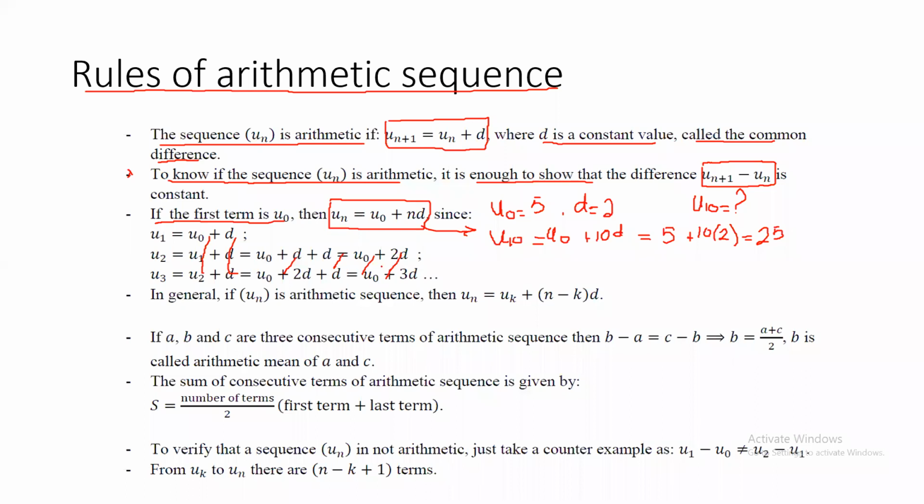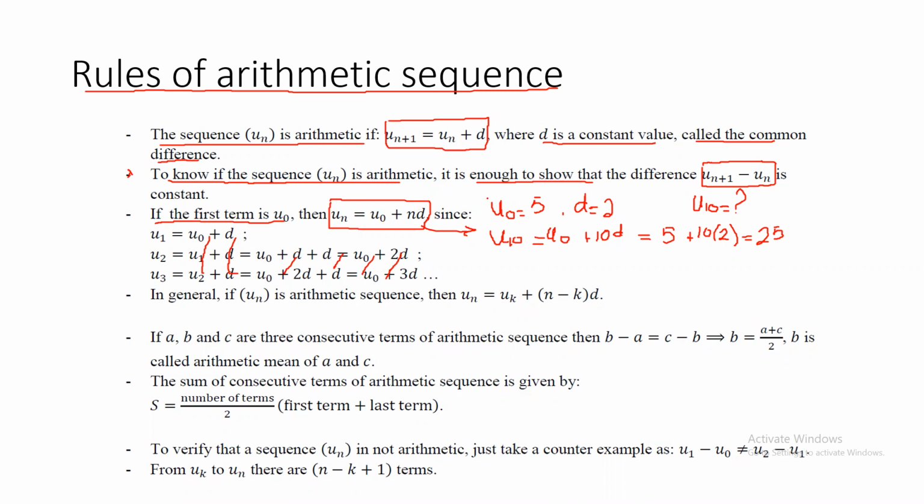I am saying, for example, if you have the first term u_0 and you have d and we need to calculate any term of this sequence, the sequence continues until infinity. u_n equals u_0 plus nd.